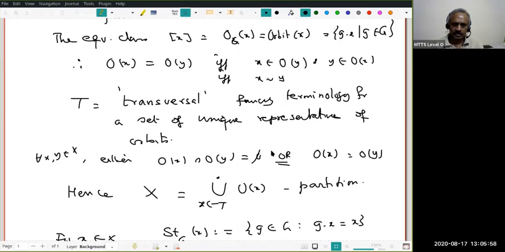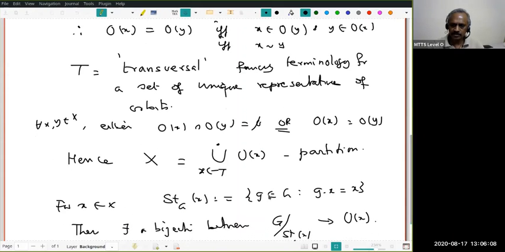Now the equivalence classes, that is the orbits, form a partition. So how do I write this partition? That's the reason why I introduced T, the set of unique representatives. Therefore X will be the disjoint union of the orbits of x, where x varies over the set of representatives, what I call the transversal. This is the crucial thing.